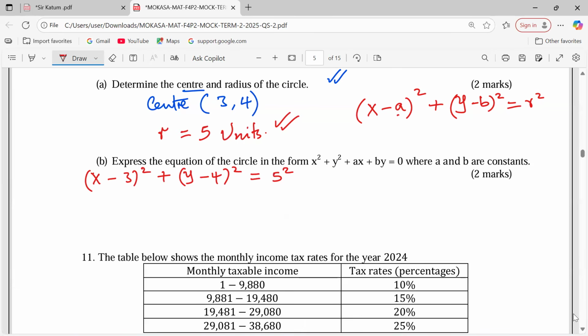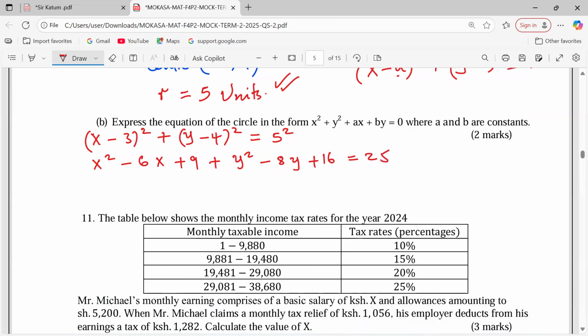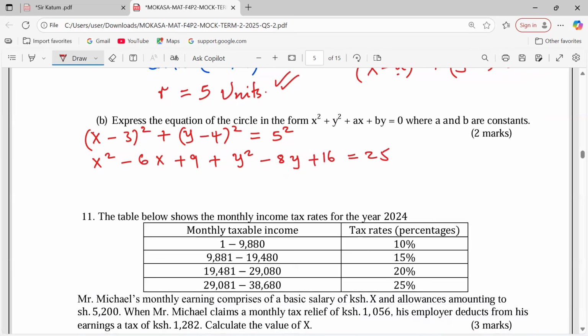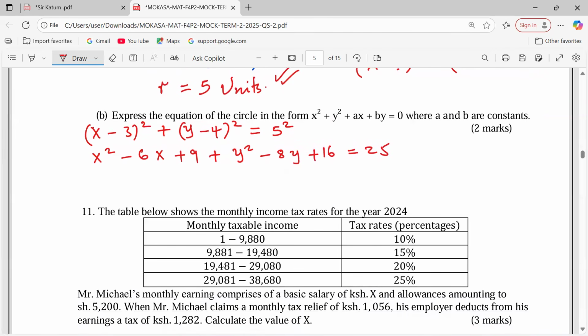When we open brackets, this should be x squared minus 6x plus 9. Then we add y squared minus 8y plus 16 equals 25. So I'm expanding using the quadratic identities, and I expect you to know this. According to the order provided here, we're supposed to give the part with x squared first, then the part with y squared.